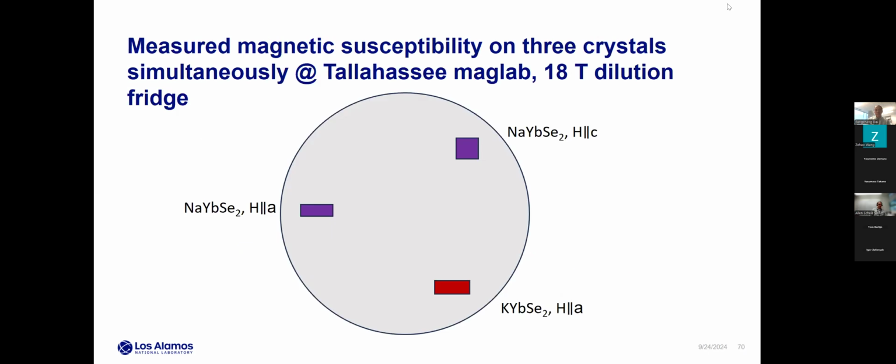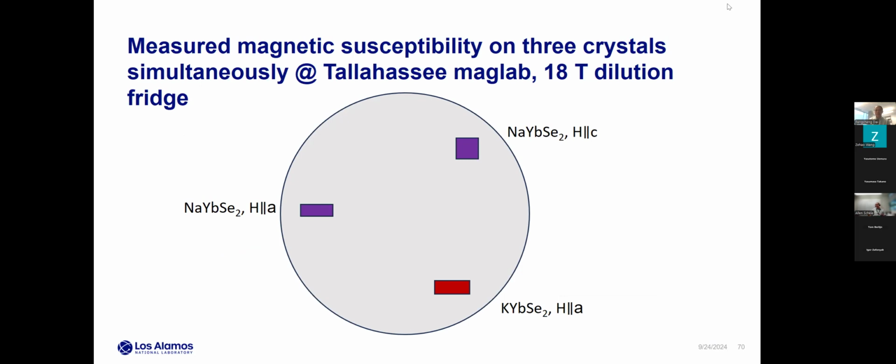Next slide, please. All right, and the last data set that I'll show in this talk is also the most intriguing and provocative and controversial. We measured the magnetic susceptibility of the sodium crystals at the Tallahassee Mag Lab in the 18 Tesla dilution refrigerator.